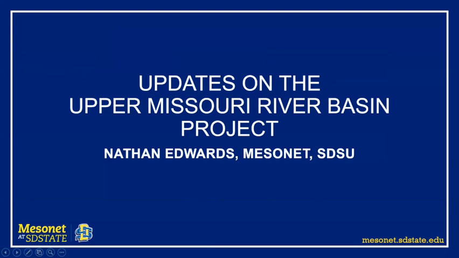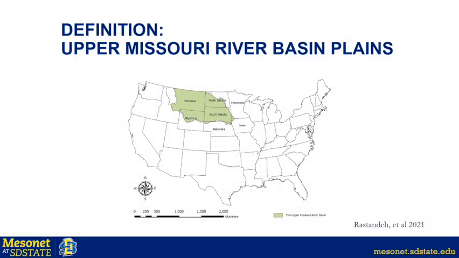I'm going to start out with a couple definitions. First, when I'm talking about the Upper Missouri River Basin, actually what we're instrumenting is the plains of the Upper Missouri River Basin.